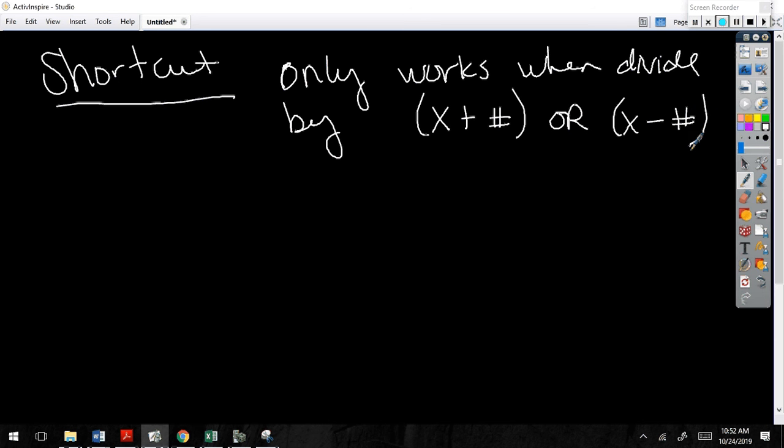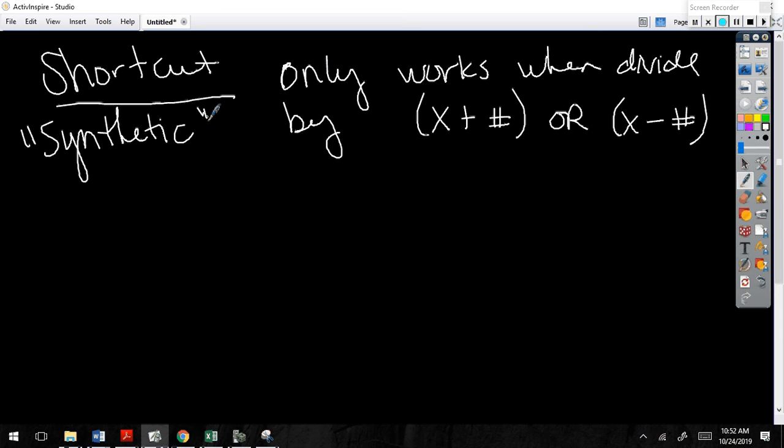There cannot be any coefficient or exponents on anything. That very first problem I intentionally set up for this. This is called synthetic division. I should have put synthetic instead of shortcut.